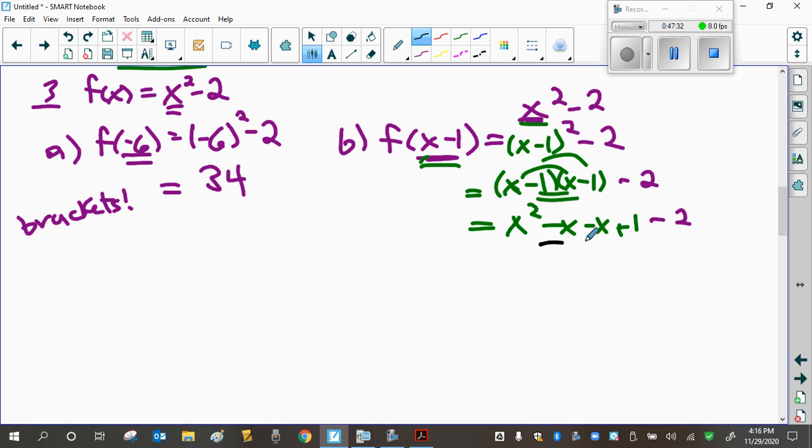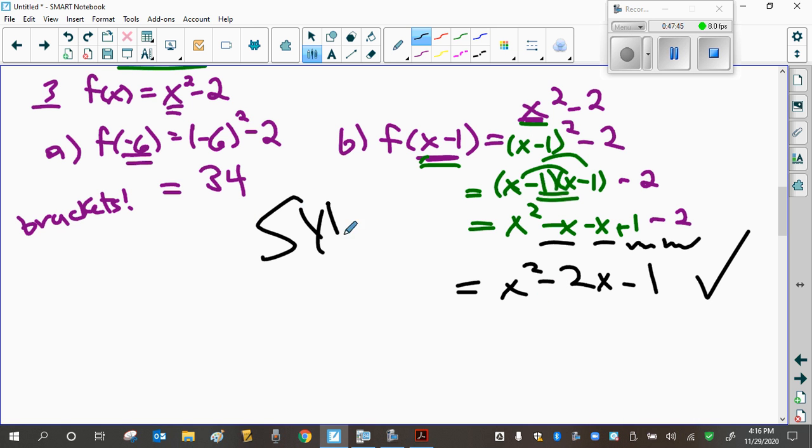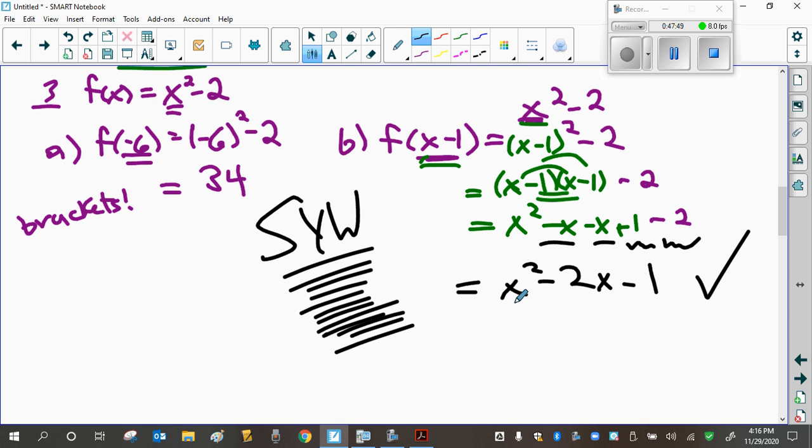Collecting like terms, collect the x's, and add the numbers. I get x squared, subtract 2x, subtract 1 as my final answer. And again, show your work. Show your work, show your work, show your work. That's cool.